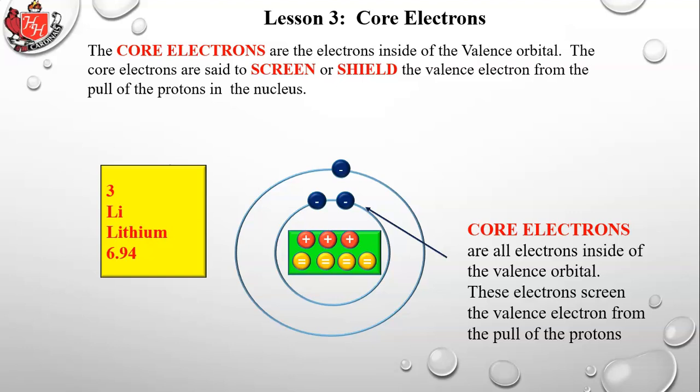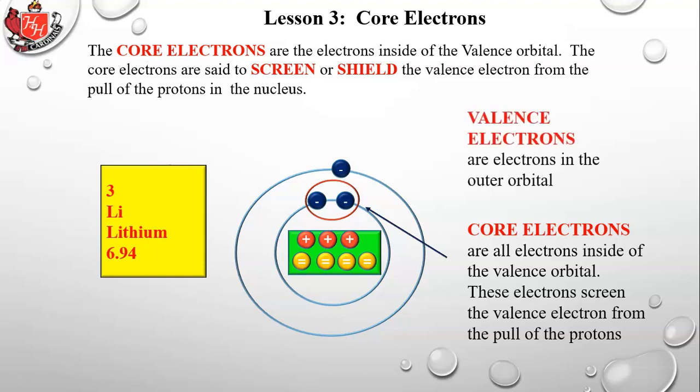The second one is the valence orbital, and that means any of the electrons that are not in the second orbital, that are back in the first orbital, are called core electrons. These electrons screen the valence electron from the pull of the protons. So those are the core electrons, and the valence electrons are the ones in the outer orbital. Lithium just has 1 valence electron.